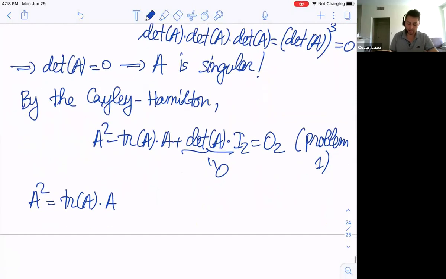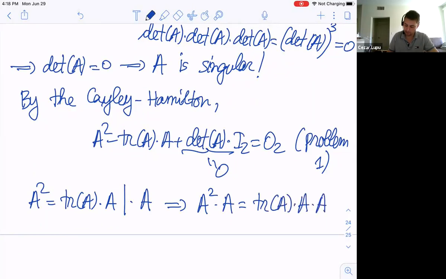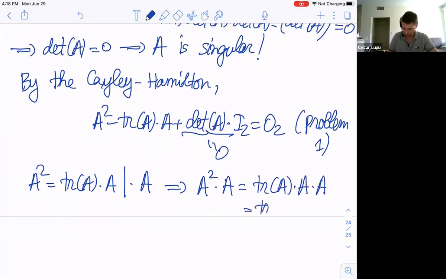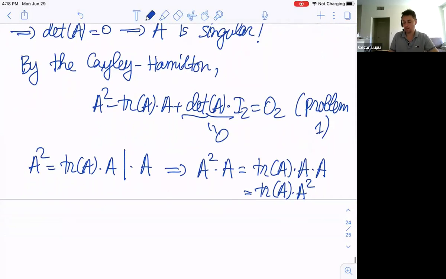Let me multiply by an A to the left, to the right, it doesn't really matter. And we'll get that A squared times A is nothing else than trace of A times A, which will be equal to trace of A times A squared. So this will be equivalent with A cubed equals trace of A times A squared.